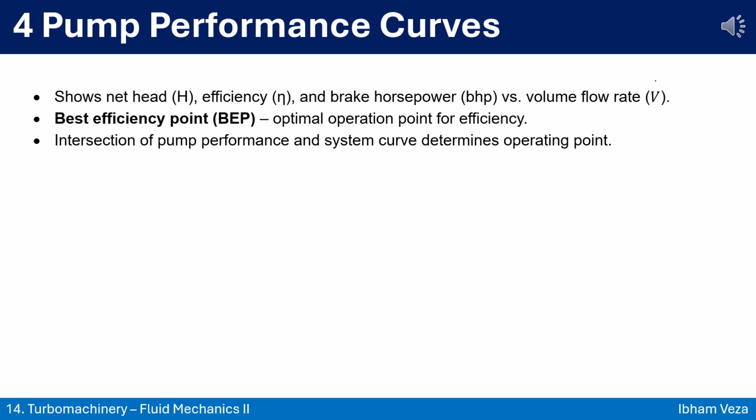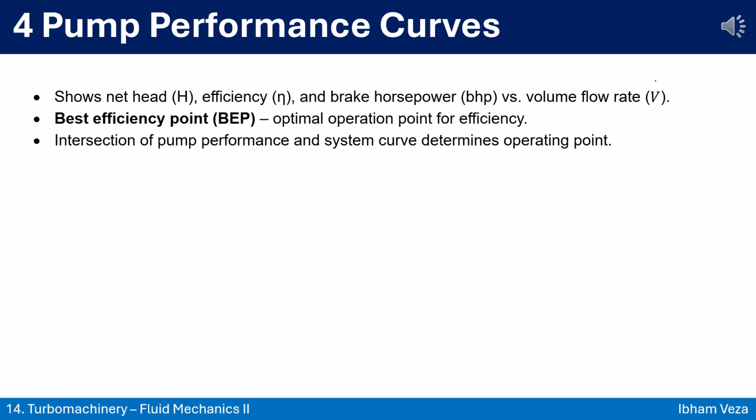4. Pump performance curves. To understand how a pump truly behaves in real-world conditions, we rely on performance curves. These curves are more than just plots, they are diagnostic tools that reveal how head, efficiency, and brake horsepower vary with volume flow rate. By reading these curves, we unlock the behavior of the pump across a range of operating conditions.